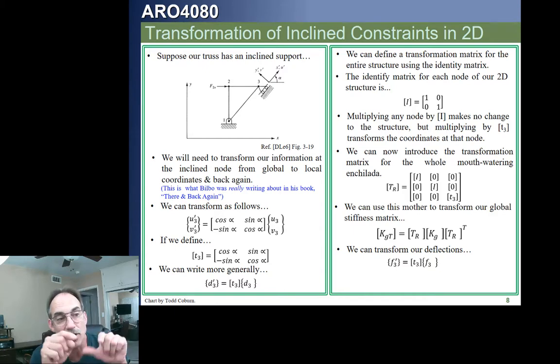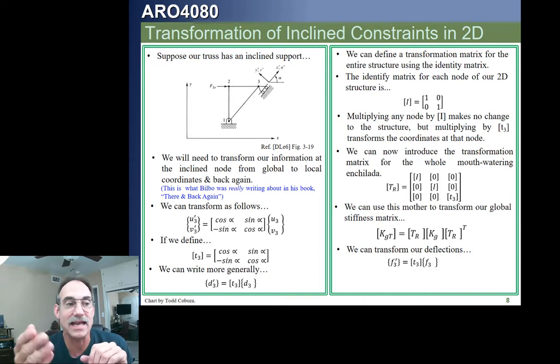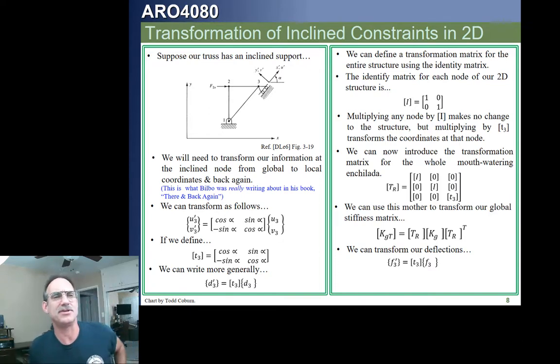You'll notice the forces at node 3 are going to be this T3 times the global forces in node 3, right? Now, the local forces at node 2 will be identical to the global forces at node 2, because T2 is the identity matrix and T1 is the identity matrix. Do you see that? All right.